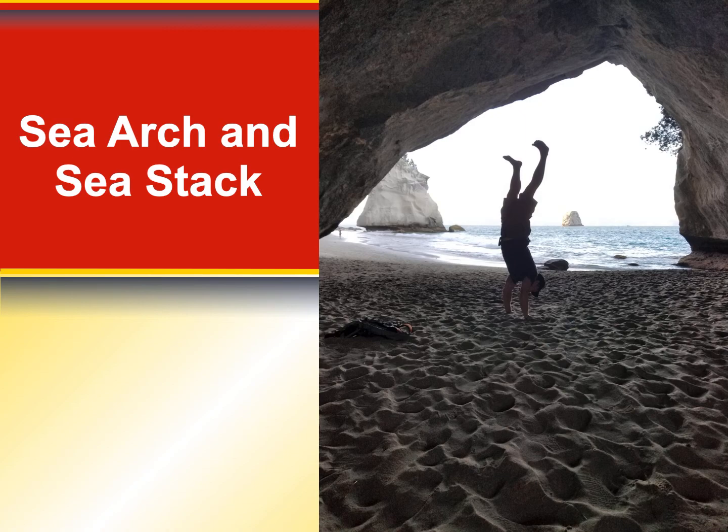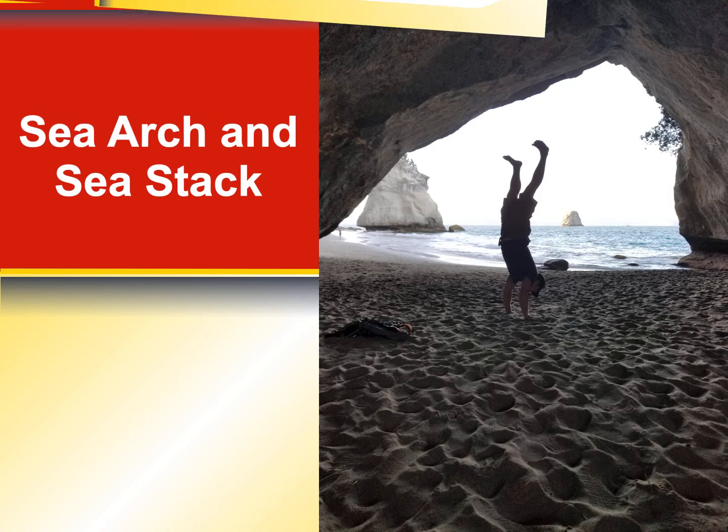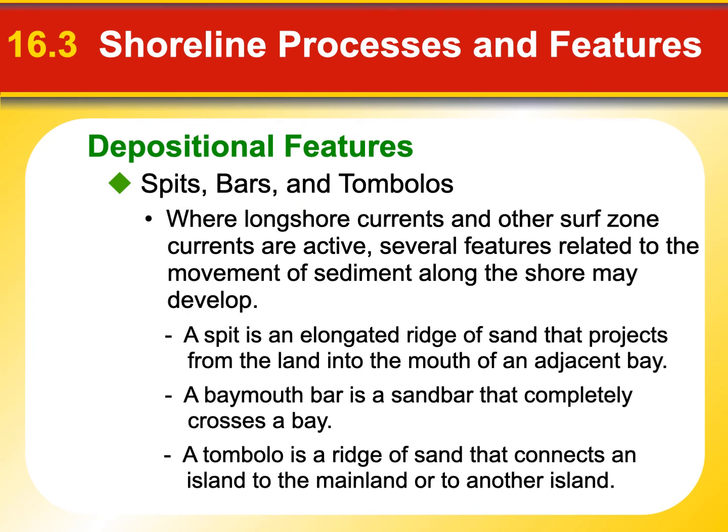Let's turn now to spits, bay mouth bars, and tombolos. These are features that can happen where you have a longshore current and other currents interacting near the shoreline. Basically a spit is an elongated ridge of sand that sticks out from the land into the mouth of an adjacent bay.